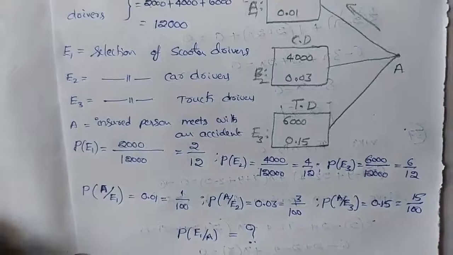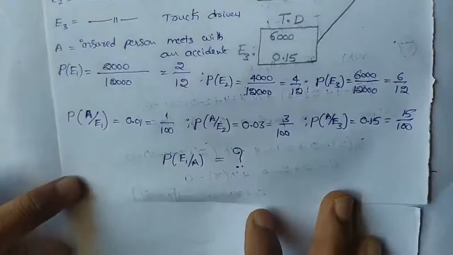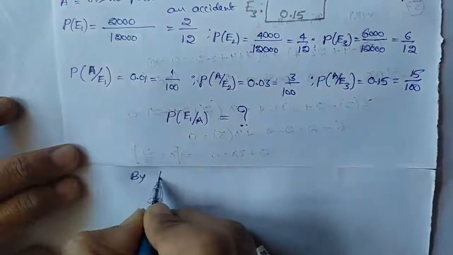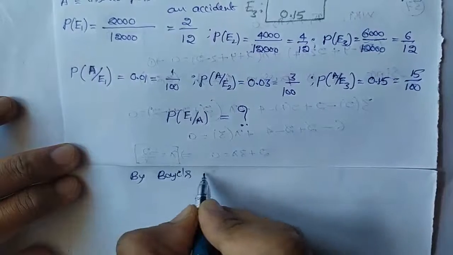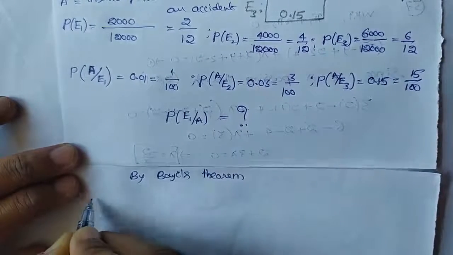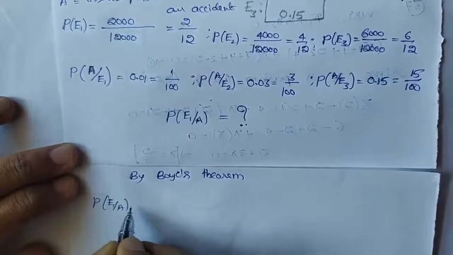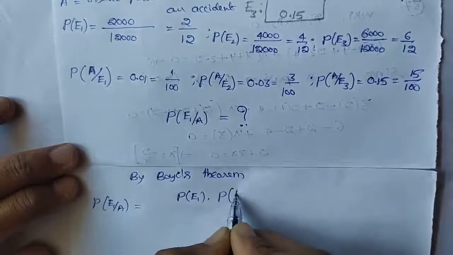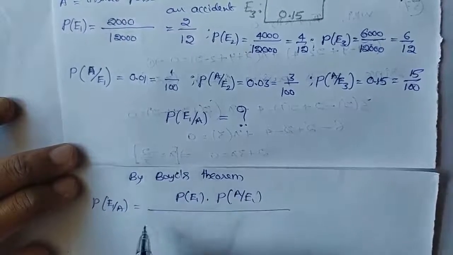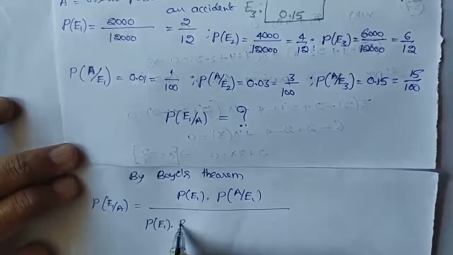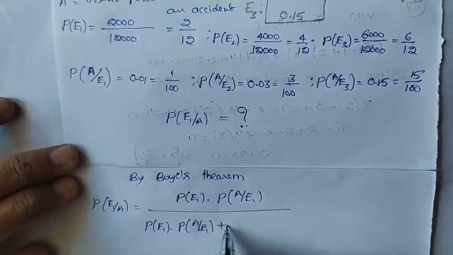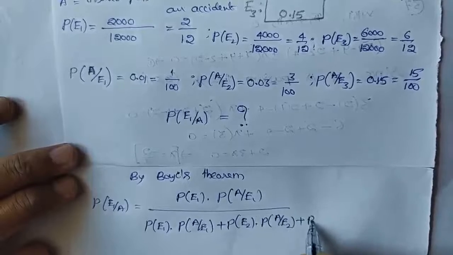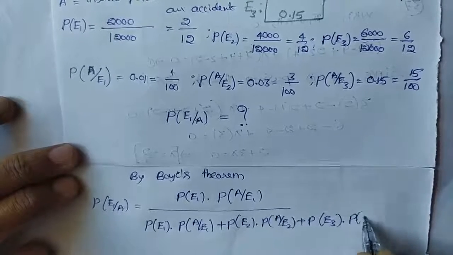Next, apply Bayes theorem. By Bayes theorem, P of E1 by A equals to P of E1 into P of A by E1 whole divided by P of E1 into P of A by E1 plus P of E2 into P of A by E2 plus P of E3 into P of A by E3.